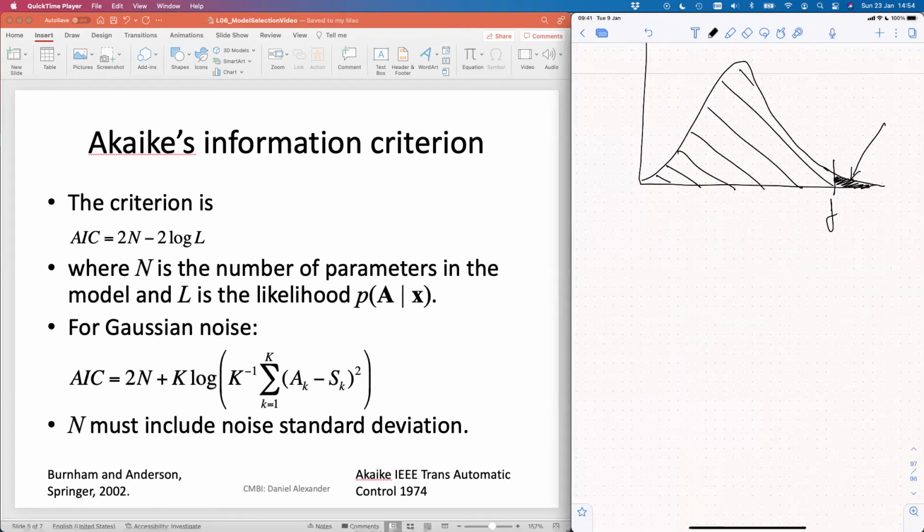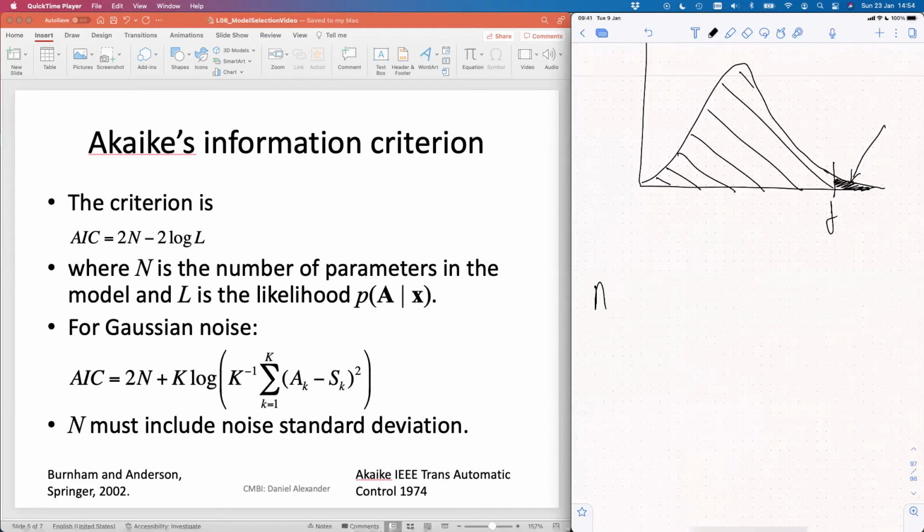So I'm going to write then the AIC is 2 times the number of parameters n plus k, the number of measurements, times log of the mean square difference, essentially, is what is inside this log.